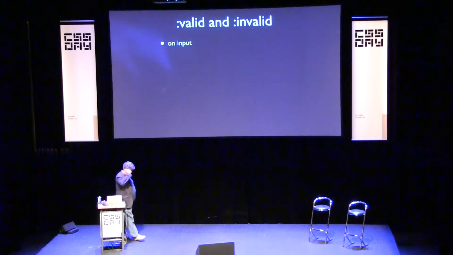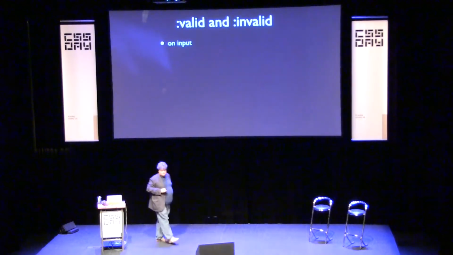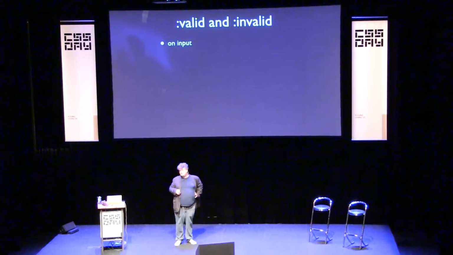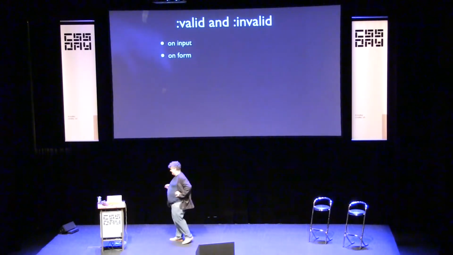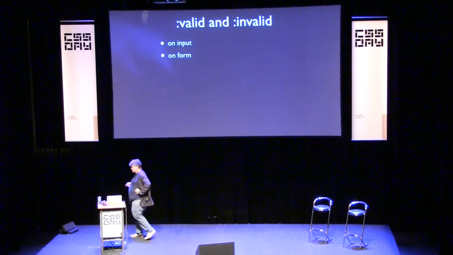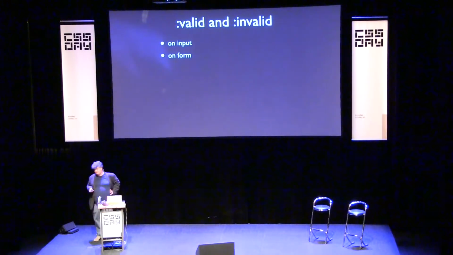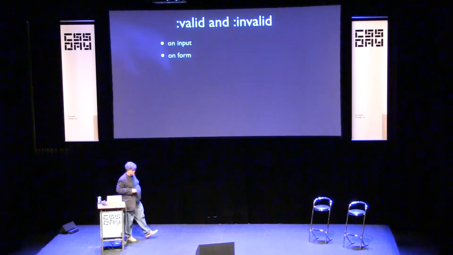So far we have talked about valid and invalid on input fields. Did you know that valid and invalid also work on forms? A form is valid when all of the fields inside that form are found to be valid. And if even one of them is invalid, the entire form is invalid. This is kind of interesting, and I didn't know that before I started my research.